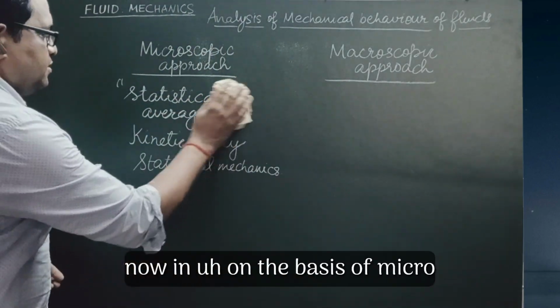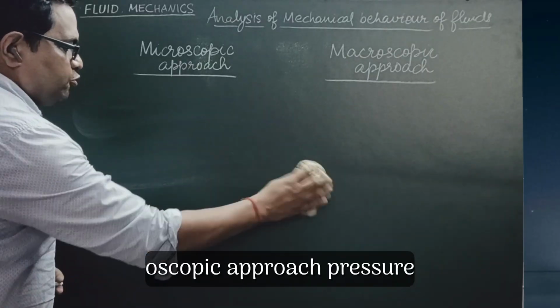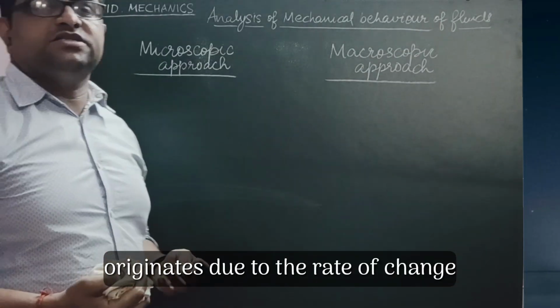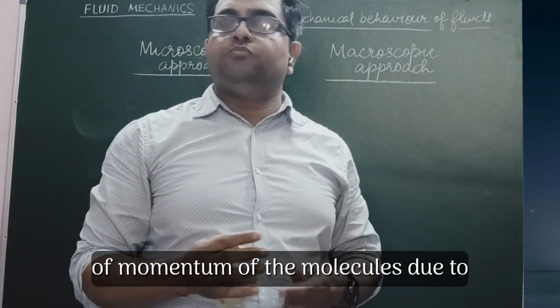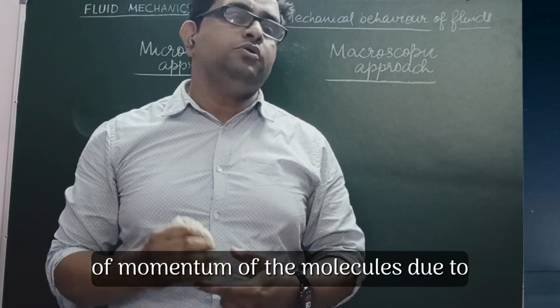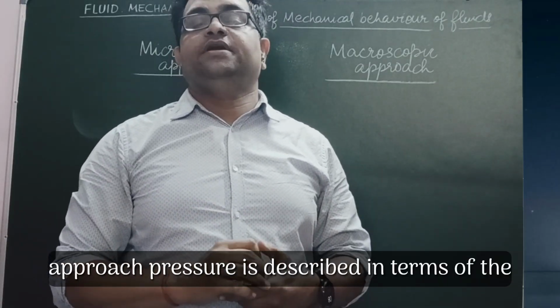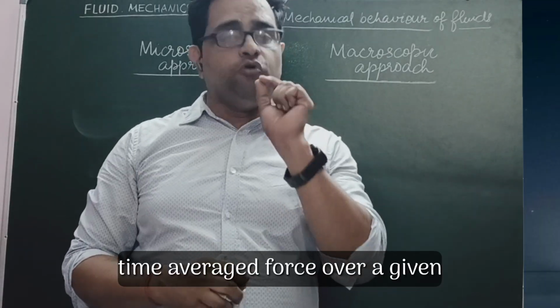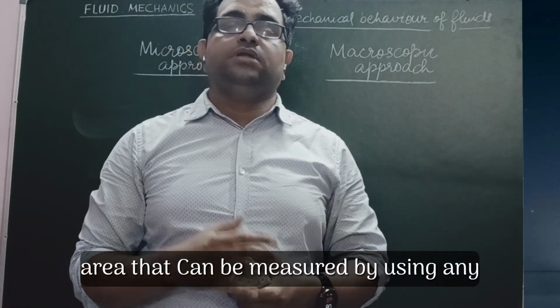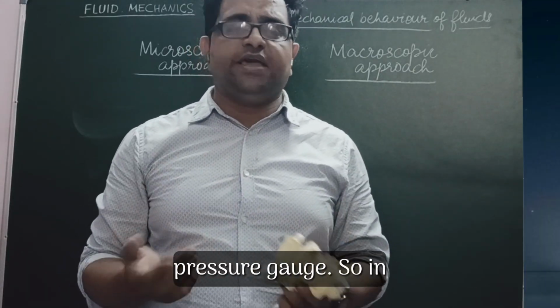Now, on the basis of the microscopic approach, pressure originates due to the rate of change of momentum of the molecules due to collision. Whereas in the macroscopic approach, pressure is described in terms of the time averaged force over a given area that can be measured by using any pressure gauge.